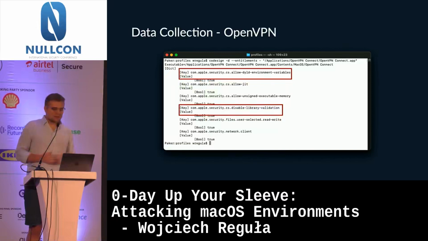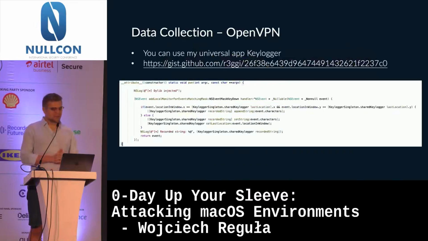So with the knowledge of those two entitlements, we can now inject our dynamic library inside of the OpenVPN context, and we can, for example, steal keychain entries that OpenVPN stores, or launch a keylogger inside of OpenVPN. So why couldn't I use a global keylogger?